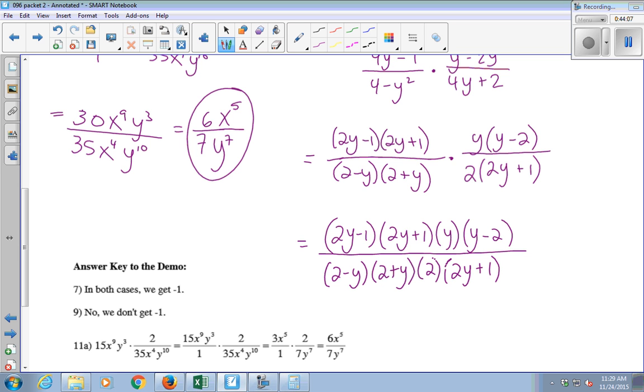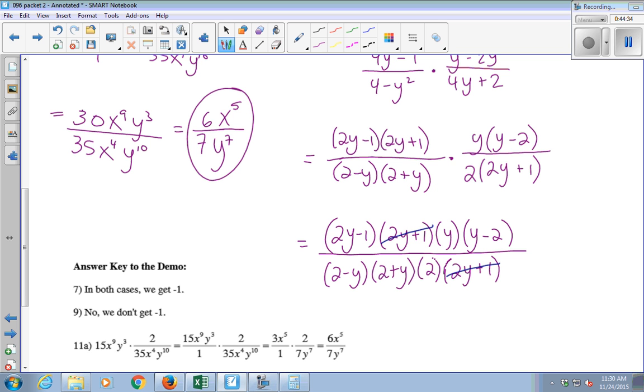All right. Now, do I have any foo-foos? 2y plus 1 appears on the top and the bottom. So I can cancel that one. Okay. Do I have any other foo-foos? Nothing else identical. Do I have any of those special a minus b over b minus a's?